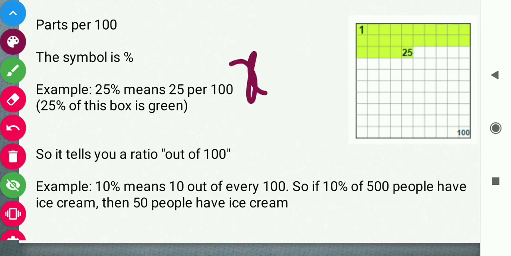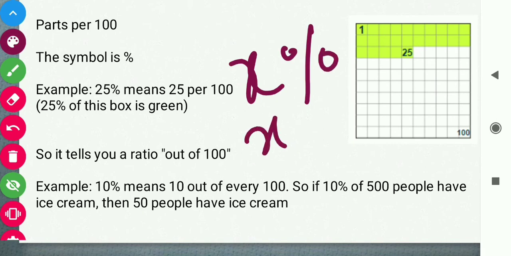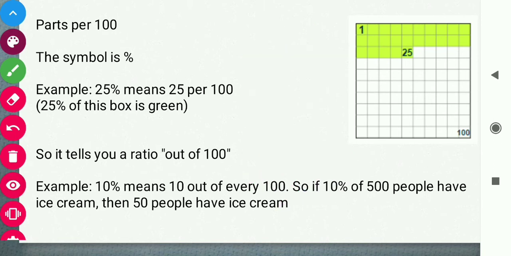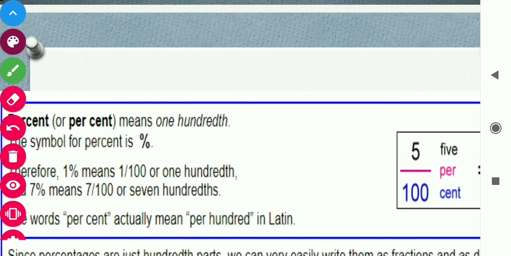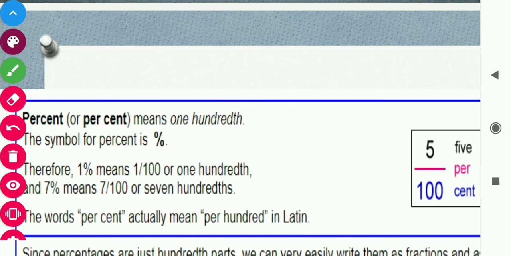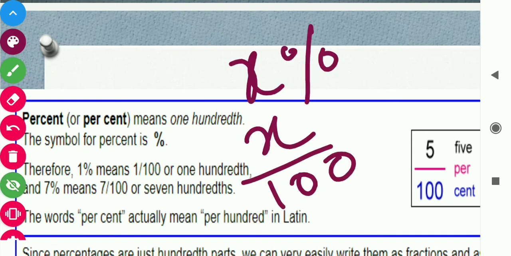So if you are saying x percent, it means x upon 100. So friends, if you want to say percentage in terms of fraction, a fraction having denominator 100 is also called a percentage. So percent means 100, the symbol is the percent symbol, and if you say x percent, that means x upon 100.